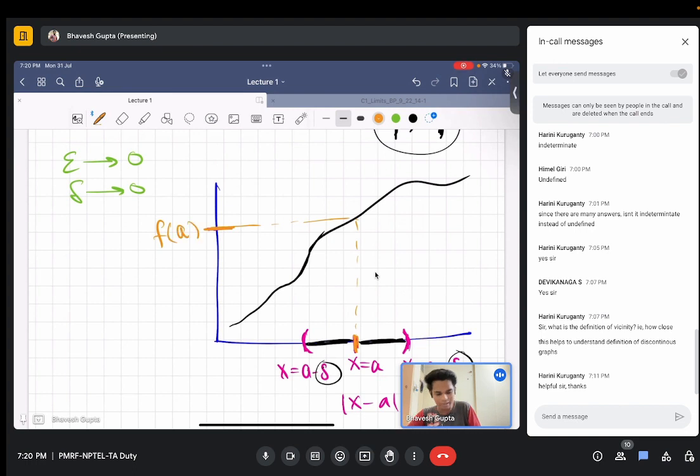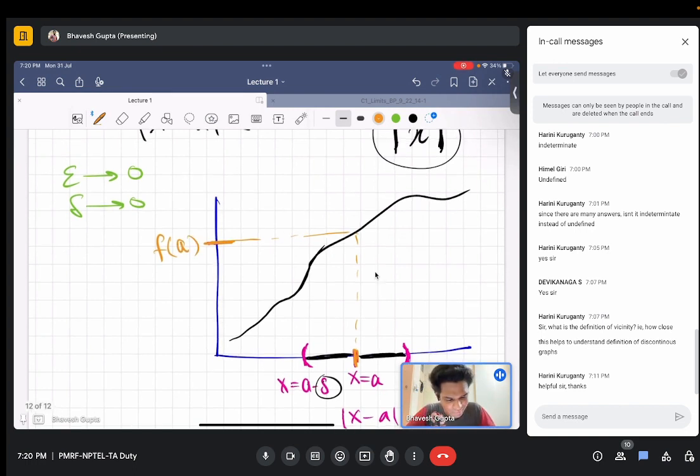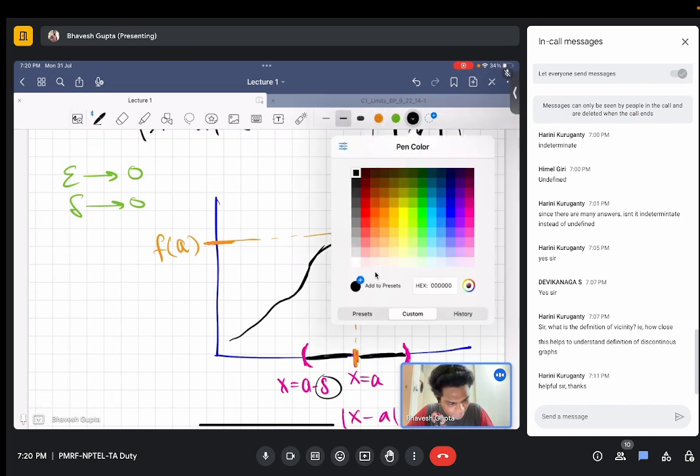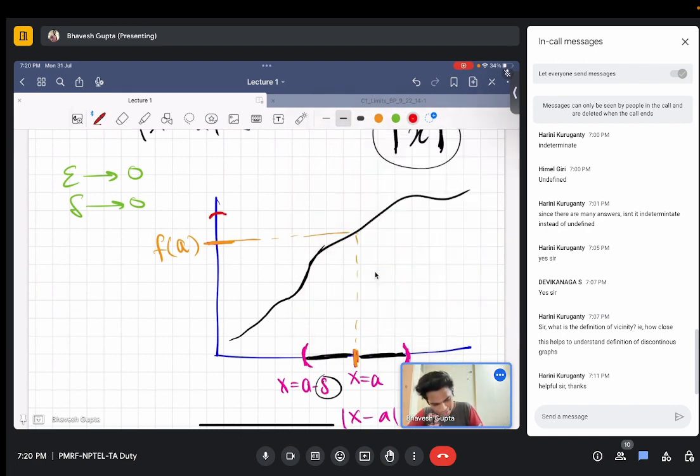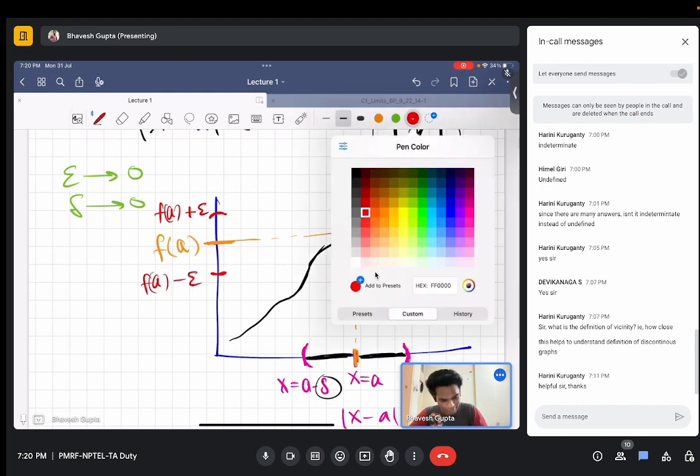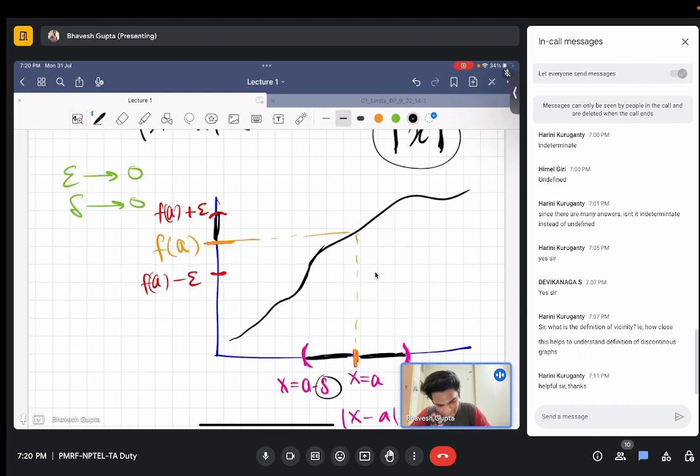Since I don't know my actual answer, because I cannot do the experiment because of certain limitations, I also create an interval around here. So this is actually f of a plus epsilon, f of a minus epsilon. Hence I have created an interval on both the x-axis and the y-axis, around the values which I am interested in.